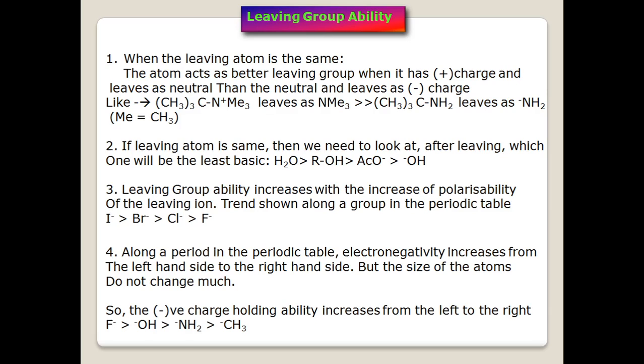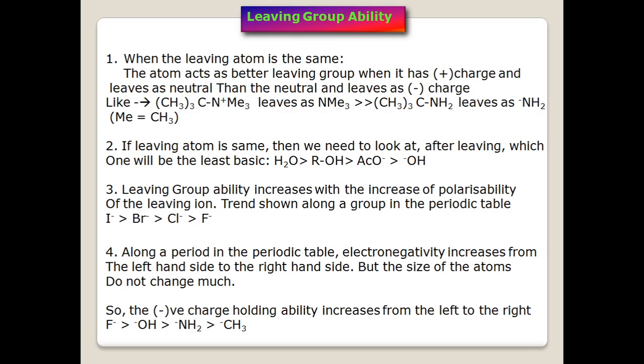Now if we consider along a period in the periodic table, the electronegativity of atoms increases from left hand side to right hand side. The point is, the more the electronegativity, the better it is able to grab the negative charge.